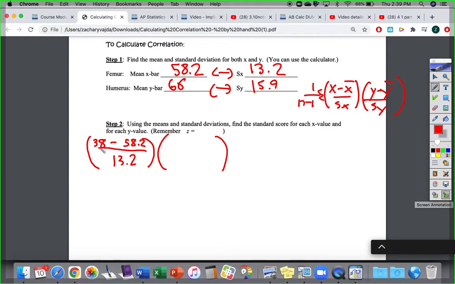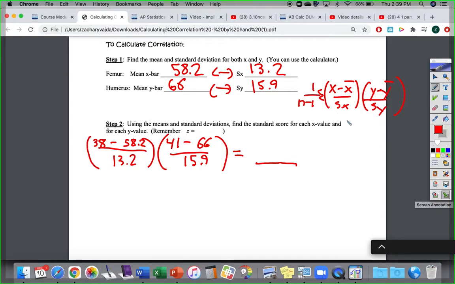So I have x minus x bar over sx. My first y was 41. 41 minus y bar is 66 over sy of 15.9. You multiply those together, and that will be our first score in what we need to add up.